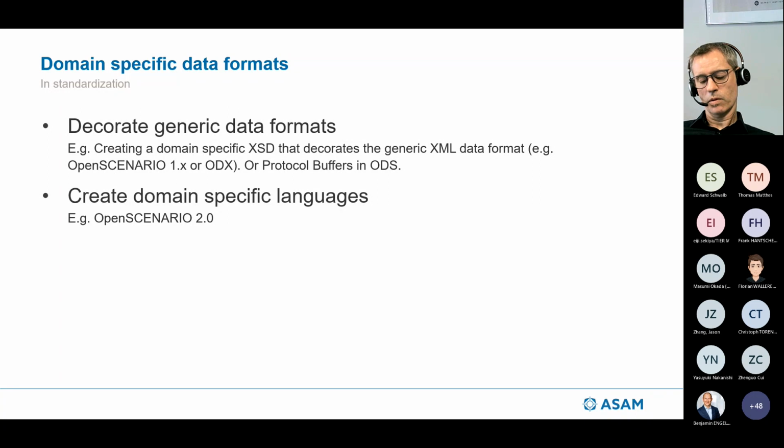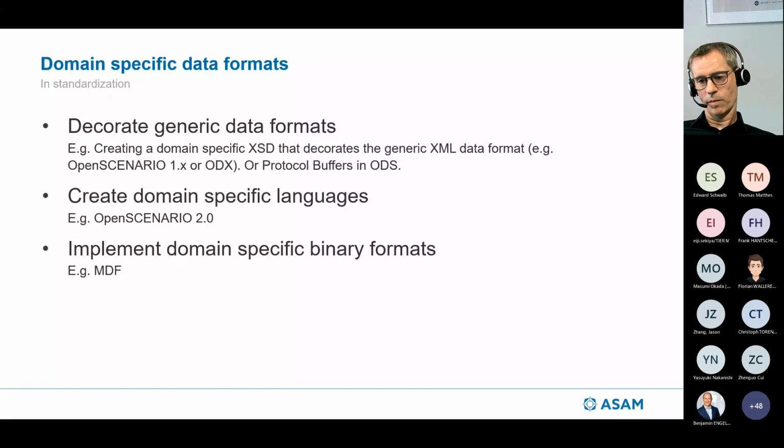We have a high information density, and experts can read the encoded domain objects very well. So it's just a small step from the domain to the data format.